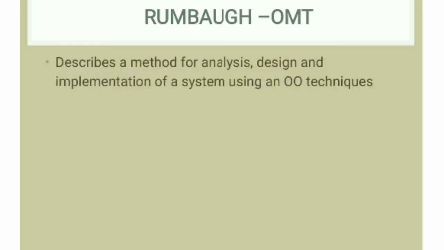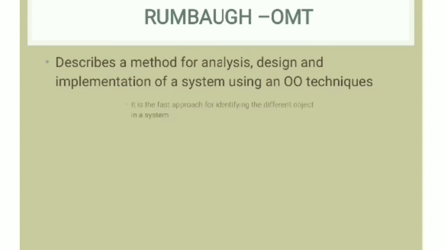OMT, that is object modeling technique. Object modeling technique is a fast technique for identifying and modeling objects for a system design. OMT describes a method for analysis, design, and implementation of a system using object-oriented technique.